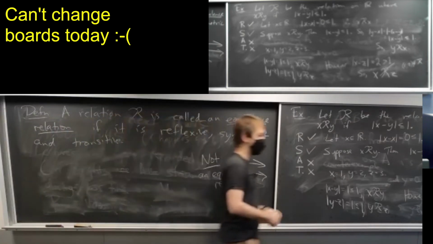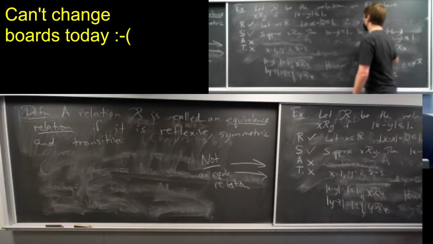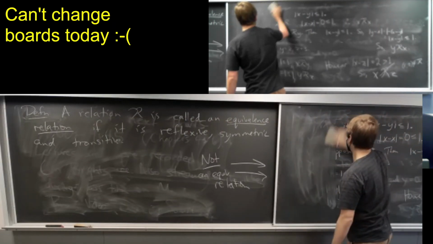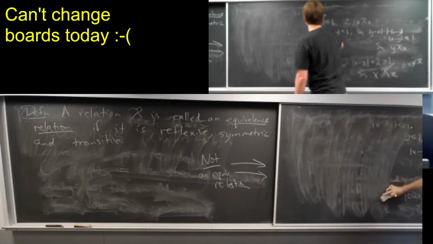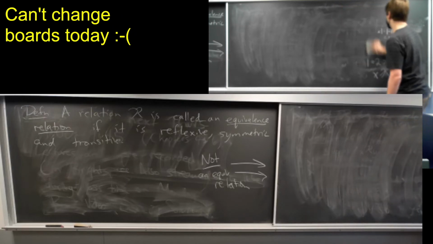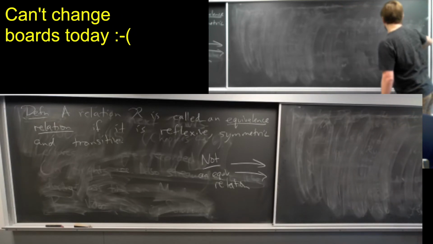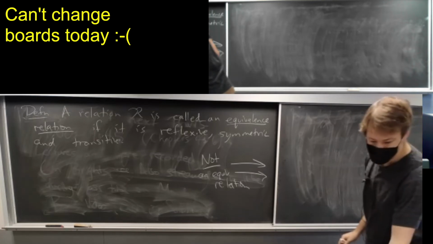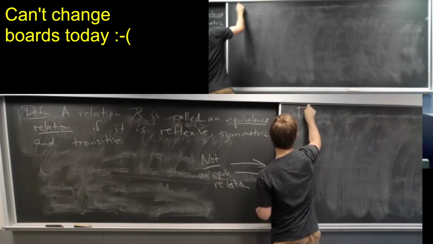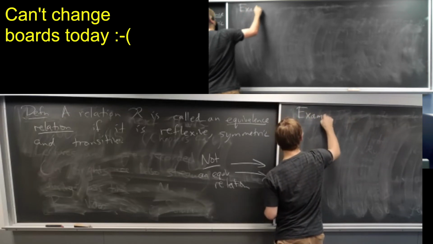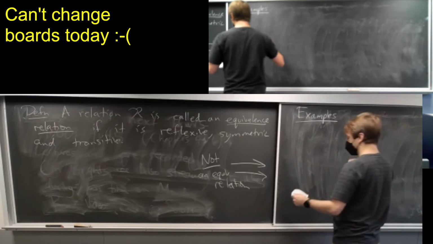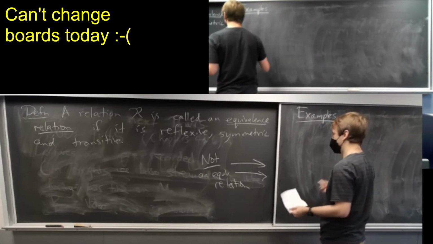So we already know a lot of examples of equivalence relations, it turns out. A few examples. For example, congruence modulo some number.